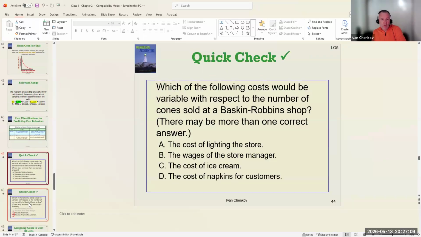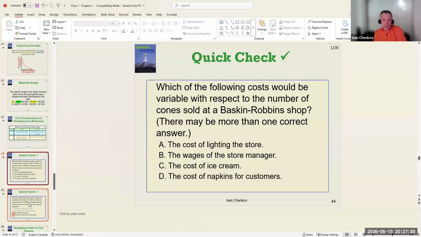So which of the following costs would be variable with respect to the number of cones sold at a Baskin-Robbins shop?